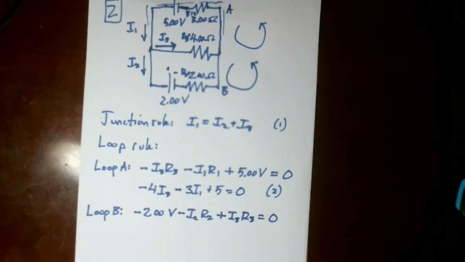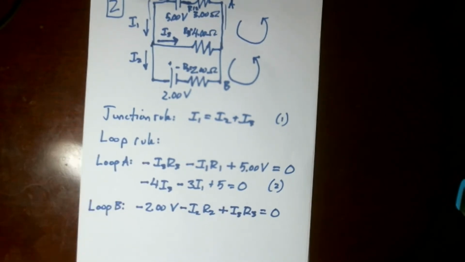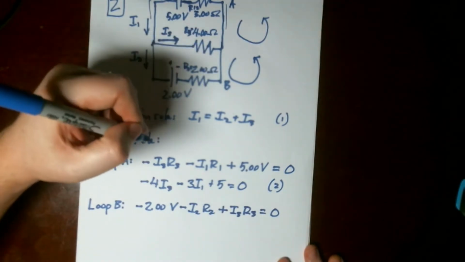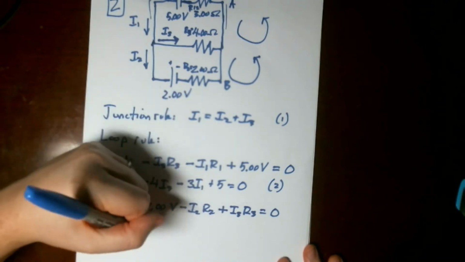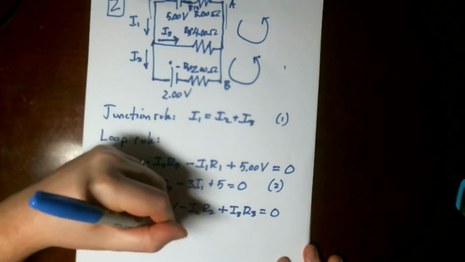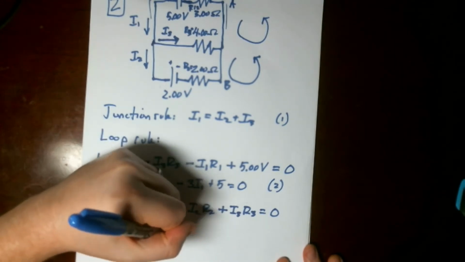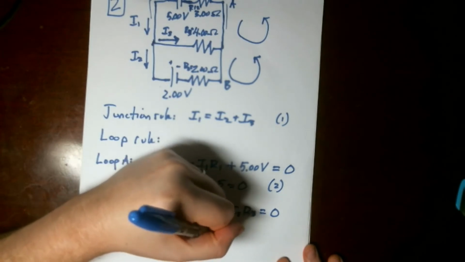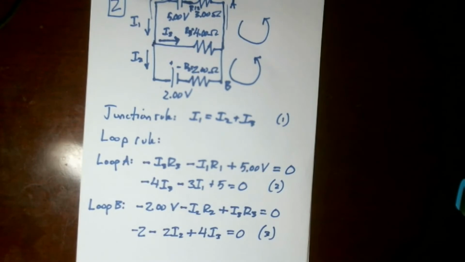Now, again, I'm going to substitute in numbers, leaving out significant figures and units for the sake of clarity. Doing so gives us negative 2 minus 2 I2 plus 4 I3 equals 0. And that is our third equation in our system of equations.